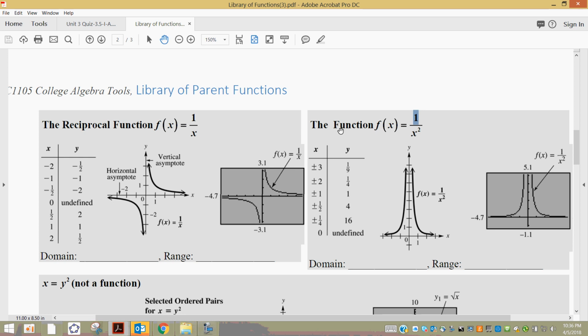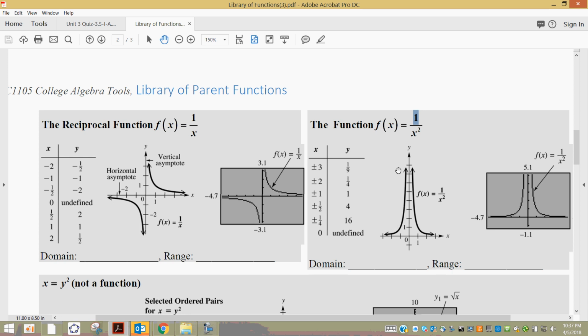The function 1 over x squared will have the domain of all real numbers except for 0, and the range is actually going to be strictly greater than 0. So no negative y's, y can't be 0, but it can be above 0.